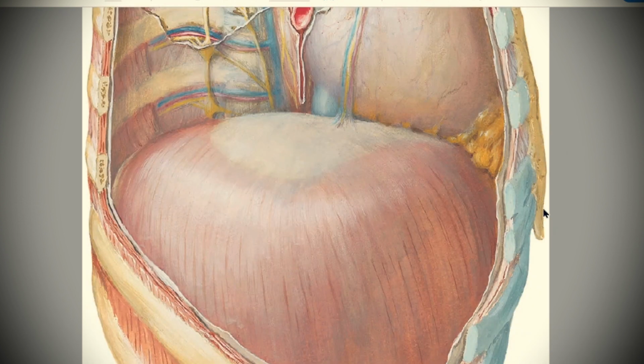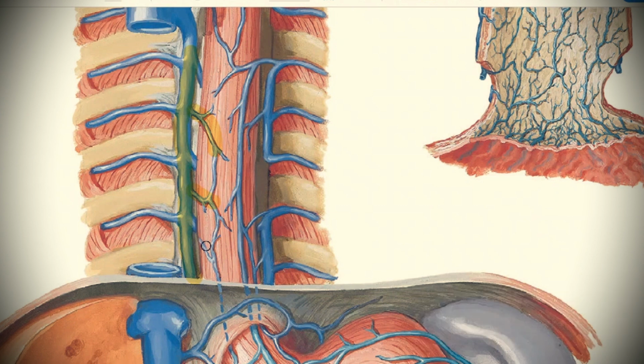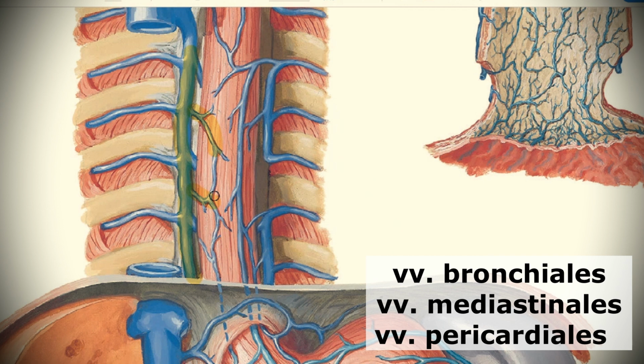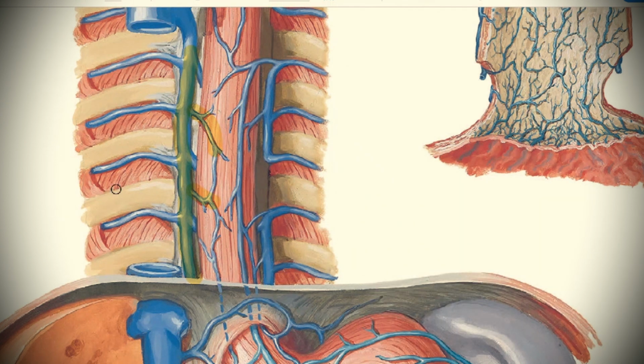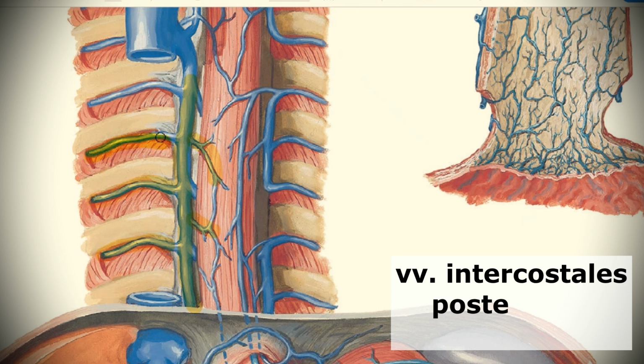So what tributaries does vena azygos get? As you can see, there is vena esophagealis, then vena bronchialis, vena mediastinalis and vena pericardialis. If you talk about parietal branches, the main of them is vena intercostalis posterior. They are similar to the arteries you studied before, arteria intercostalis posterior. They accompany them.